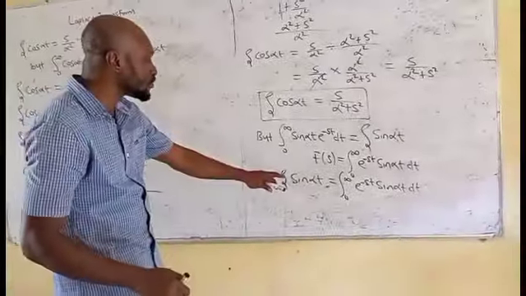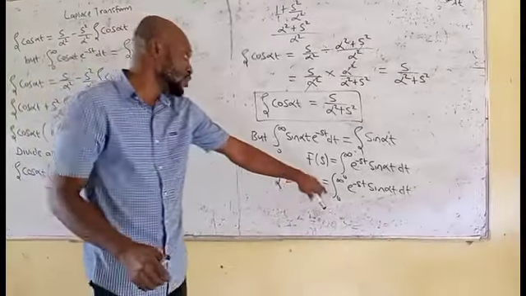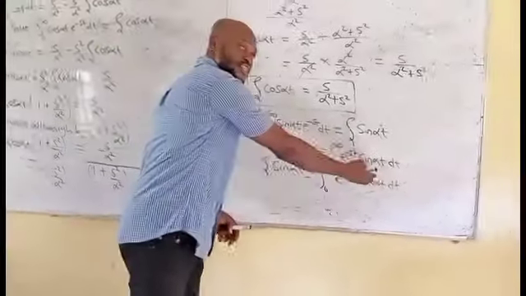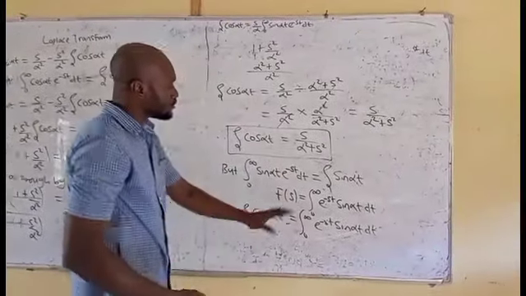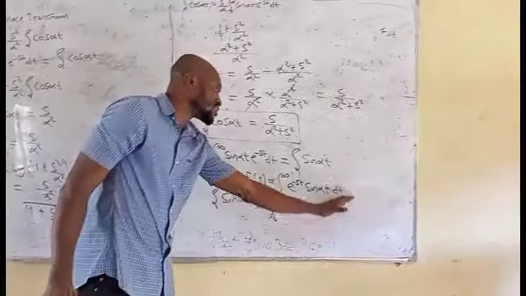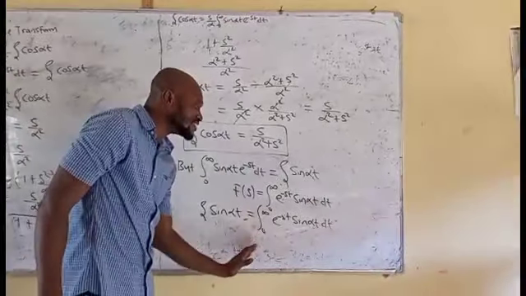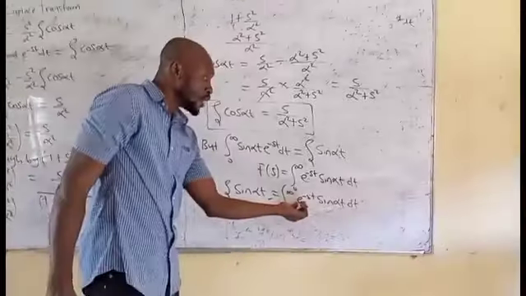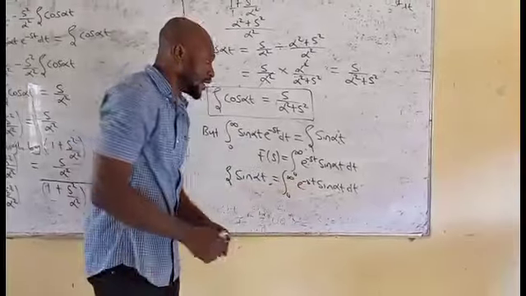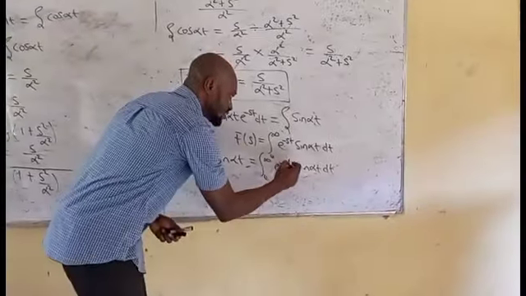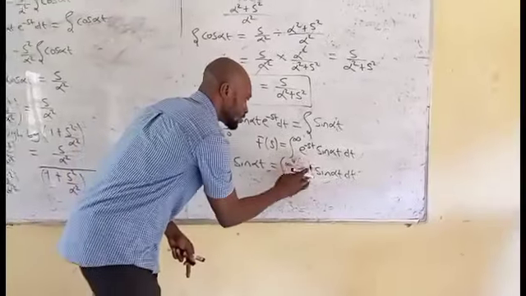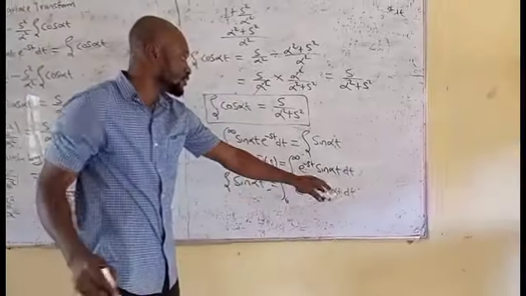Because if you have to look for the Laplace transformation of sine wt, it will be in this form. Then finally, you also need to solve this integration because you have two functions here: exponential minus st times sine wt.